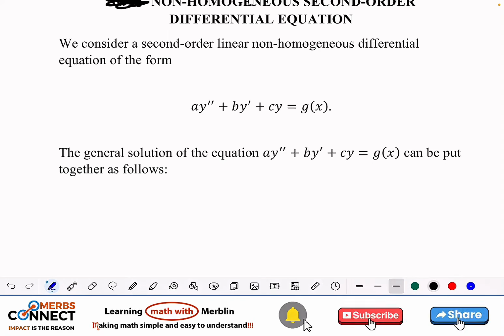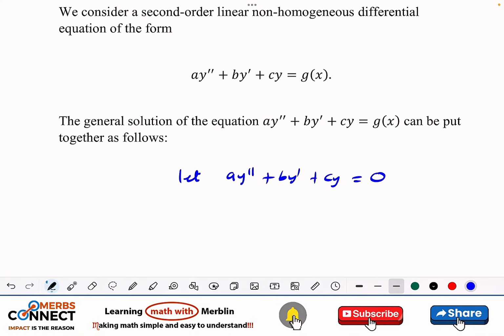We start with the idea that when I solve the homogeneous aspect, when I let ay'' + by' + cy = 0 and solve it as we saw in the last 4 videos, we are not going to call it a general solution.